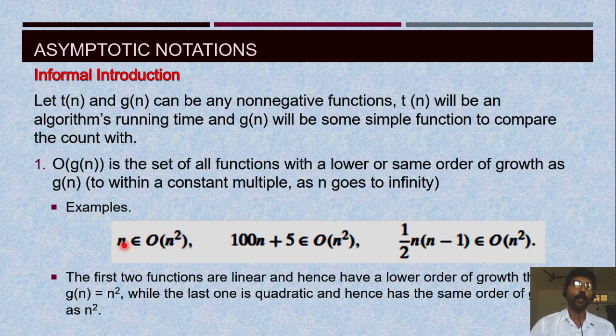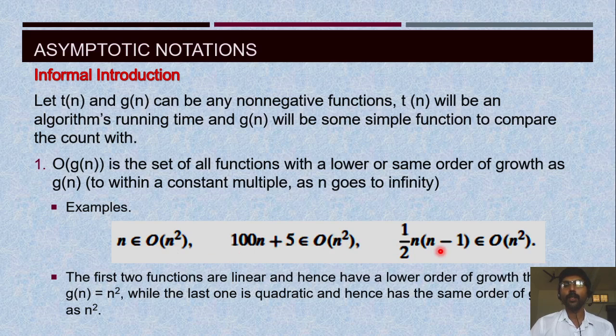Now n square is larger than n, so I can say n belongs to O of n square. It's true. Here also the same concept: n square, and I have running time n, so it belongs to O of n square. It's also true because n is less than n square.